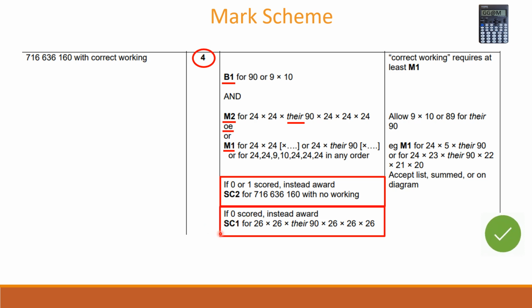Or if you didn't show any working and you just wrote down 26 times 26 times the value you got for 90 times 26 times 26 times 26 because you'd misread the question and thought there were 26 letters in the alphabet, forgetting that the I and the O had been taken out, you would get 1 mark for doing that.